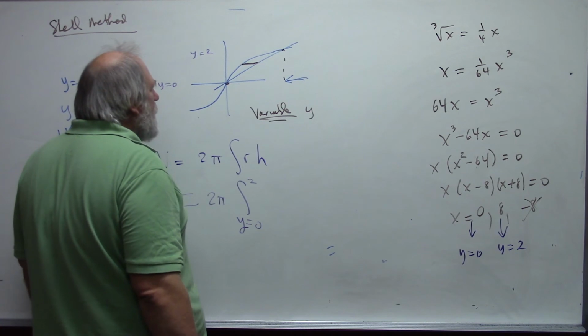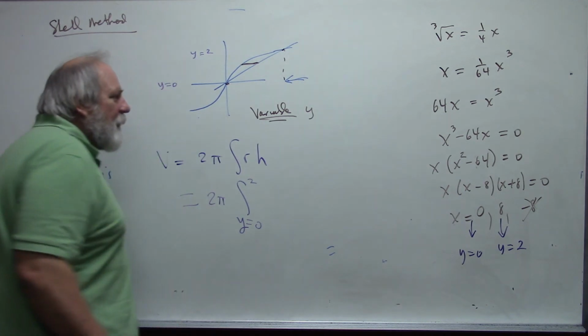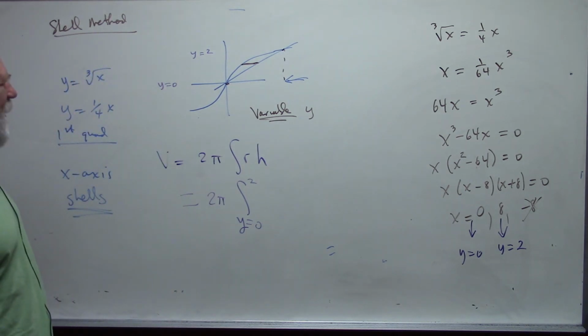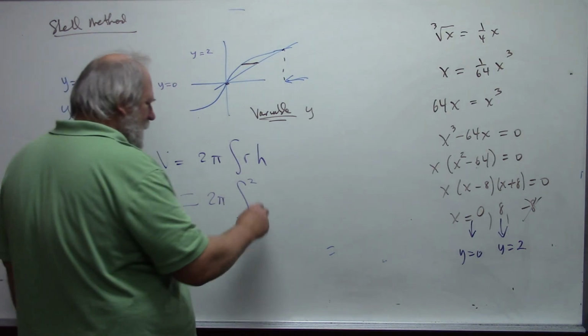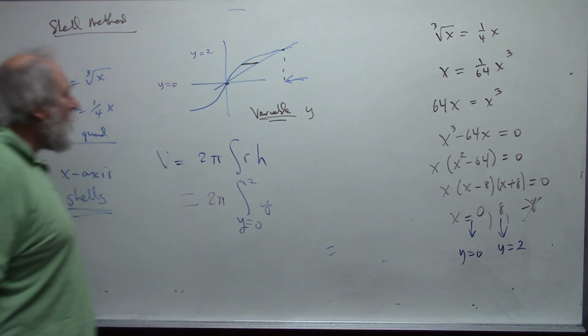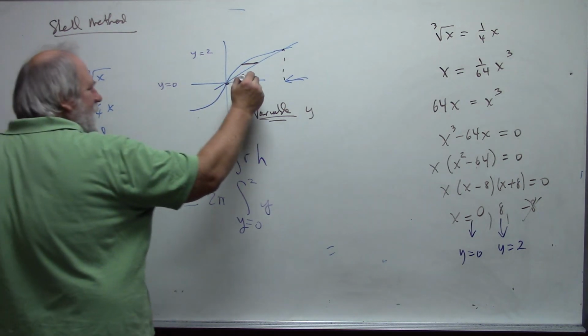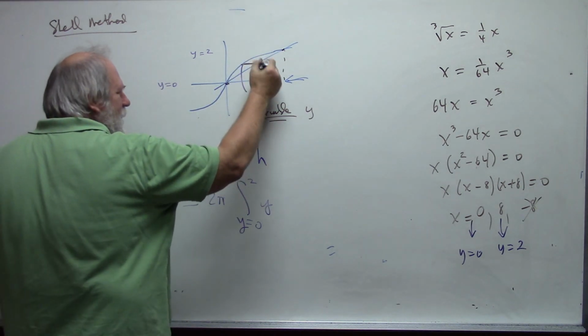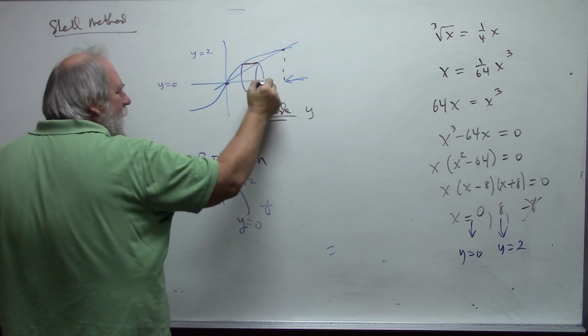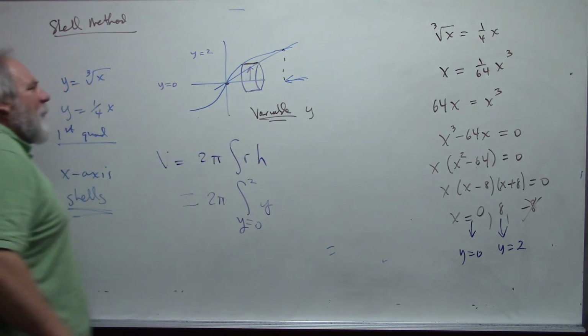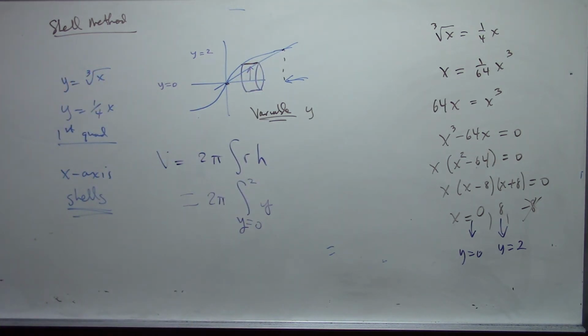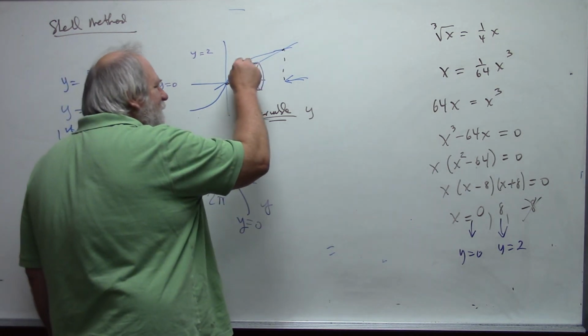The radius has got to be y, sorry, I'm not paying attention here. My shell is going to go this way. The radius is the distance up. And I forgot which way we were rotating this thing. And the height is the length of this rectangle.